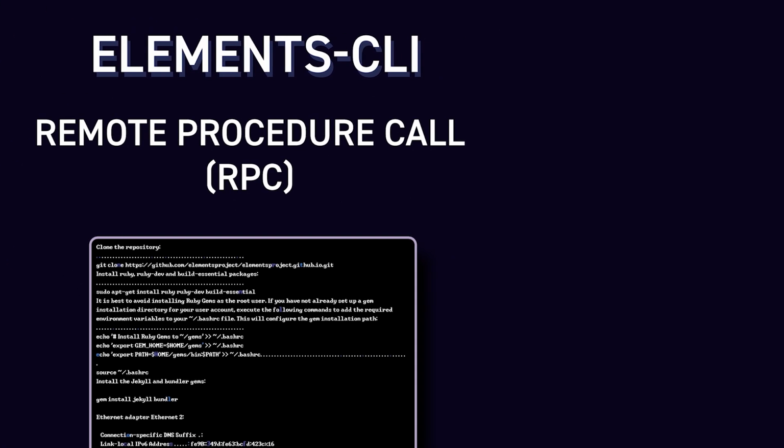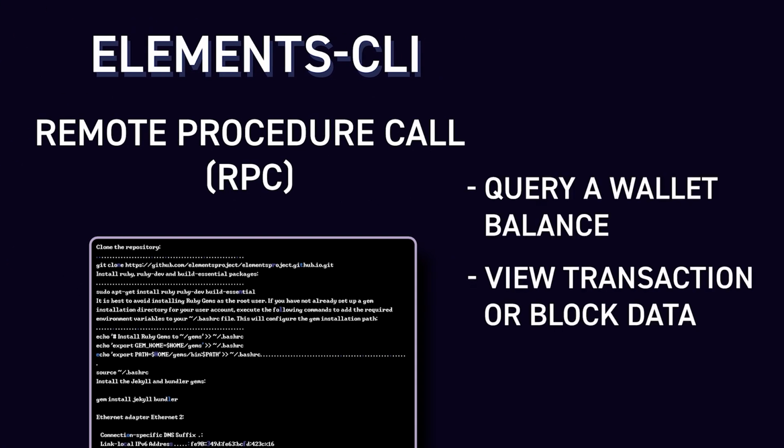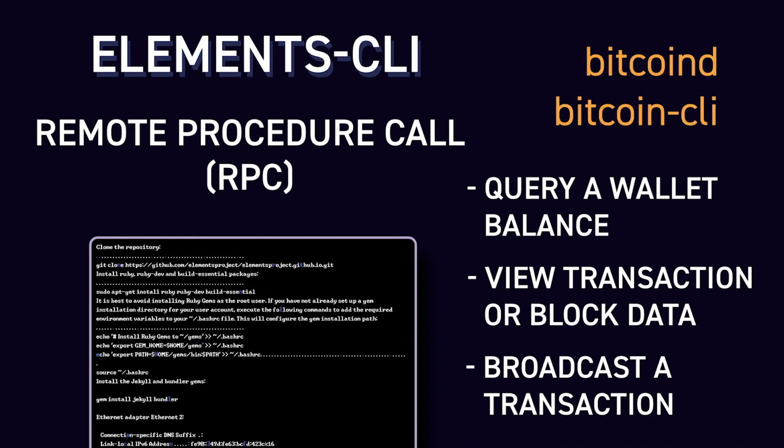This can be used to query a wallet balance, view transaction or block data, or broadcast a transaction, for example. This setup should be familiar to anyone who has used the Bitcoin equivalents, Bitcoin D and Bitcoin CLI.